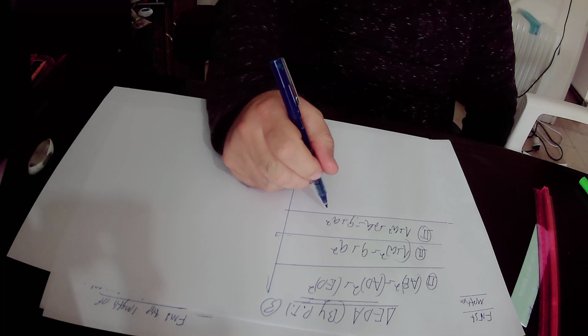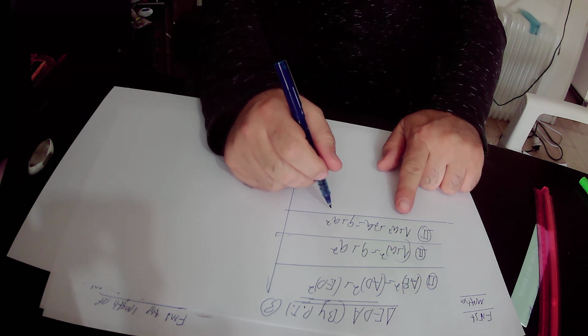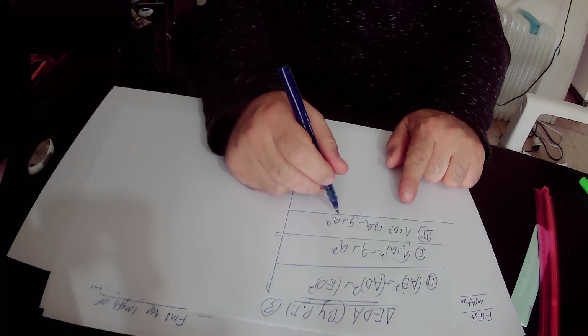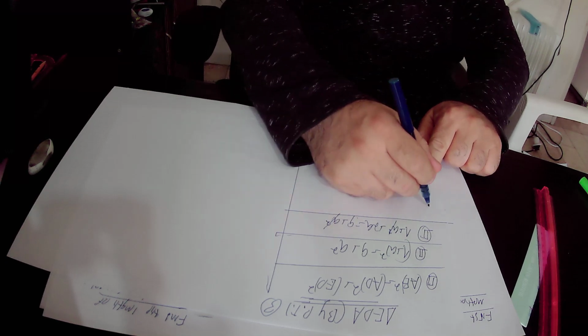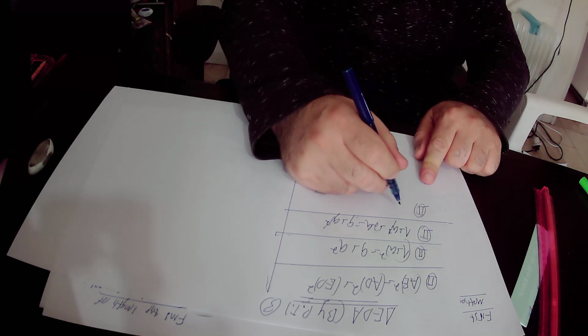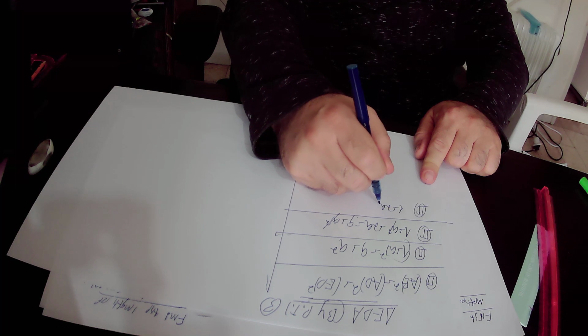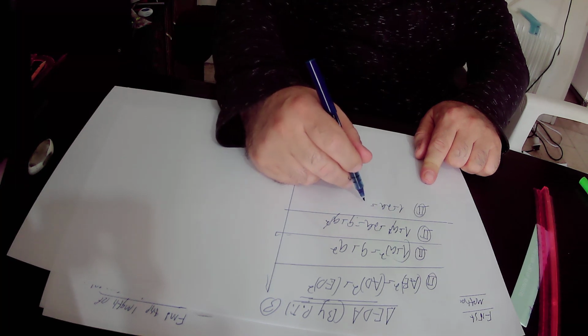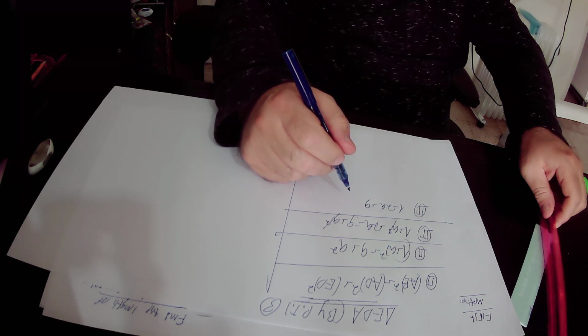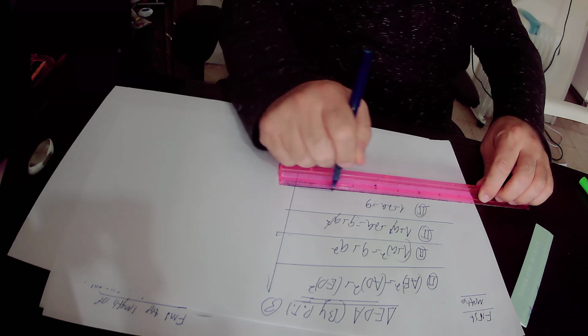Here we have A squared on both sides of equation number 2, so A squared will get cancelled, and we are left only with 1 plus 2A equals 9.